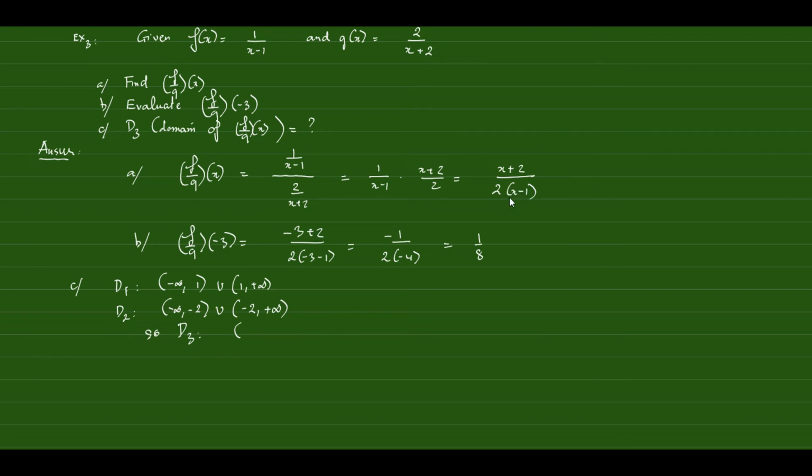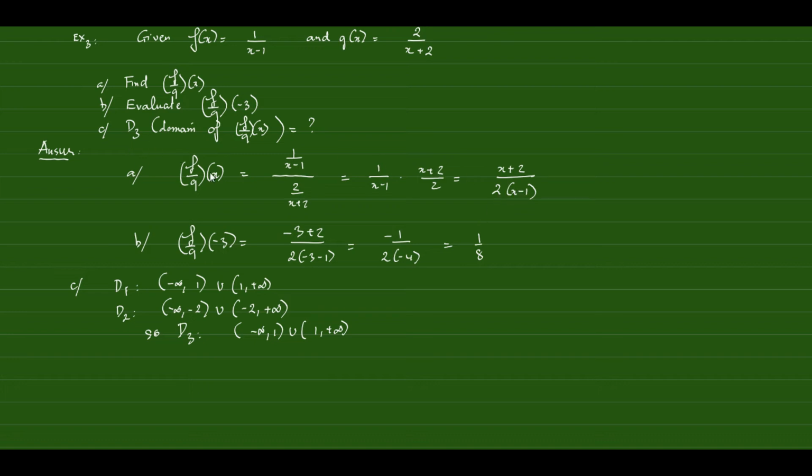It's in the denominator here. Okay. So the domain of the quotient will be negative infinity to 1 union 1 to positive infinity. The reason I did not pick negative 2 is because at negative 2 it still works. It does not work here, but it still works here, because negative 2 minus 1 is negative 3, negative 3 times 2 is negative 6, everything is good. But at 1 it's not working.